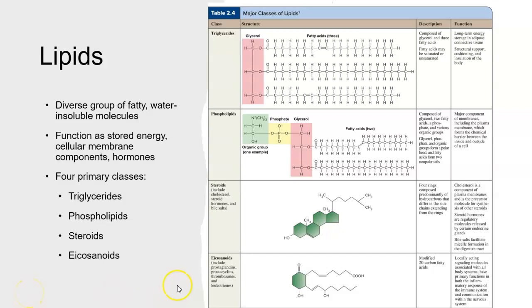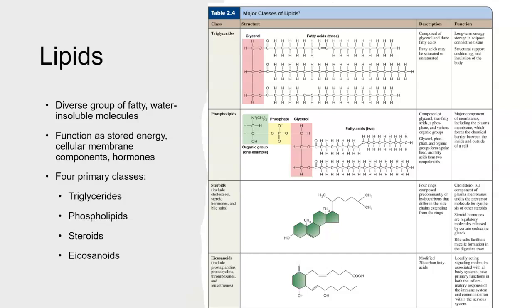Steroids have their carbons arranged in rings, okay? Now, we're not going to get much into the chemical structure here. I'm just pointing out that they're very different from the long chains that we see in the triglycerides and the phospholipids. So your steroids are a type of lipids.